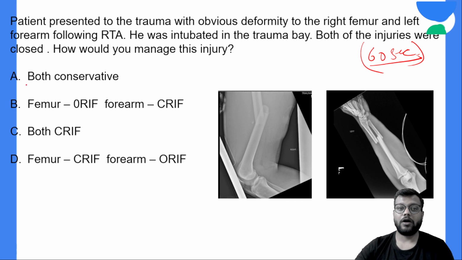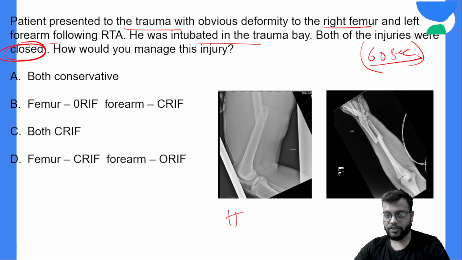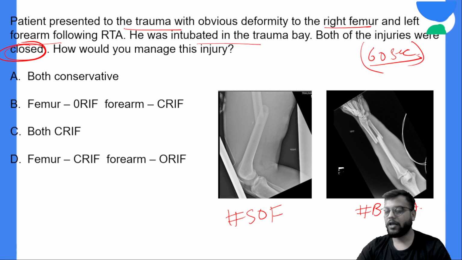Presented to the trauma with obvious deformity of the right femur and left forearm, intubated in the trauma bay, both injuries were closed. How would you manage? This is fracture shaft of femur, and this is fracture both bone forearm, both closed. So external fixation will not be done, internal fixation will be done.